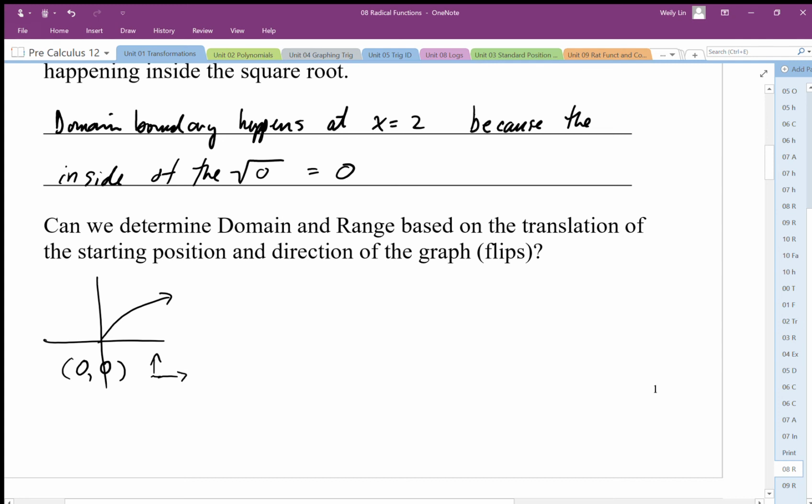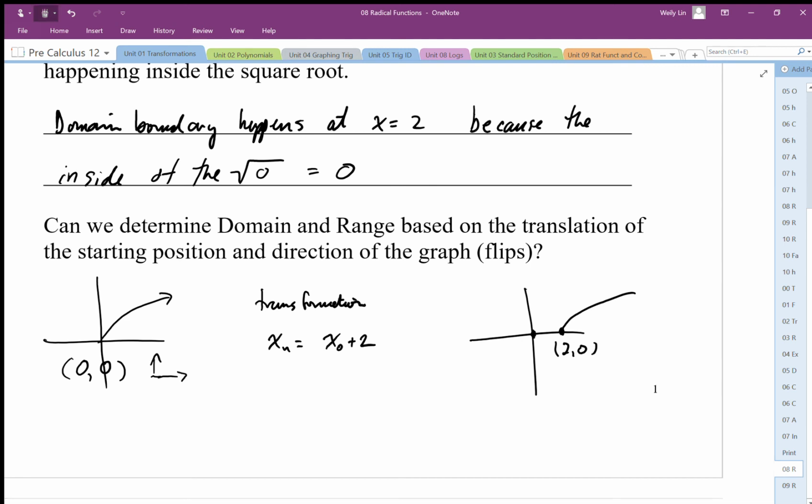And we know that this graph has been transformed: x goes to the right, so we go plus 2, or right 2. If we transform this by plus 2, our original starting point just shifts 2 over, and then we get a new domain from this point.